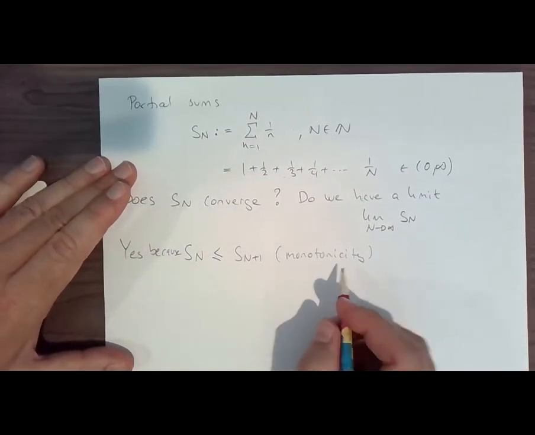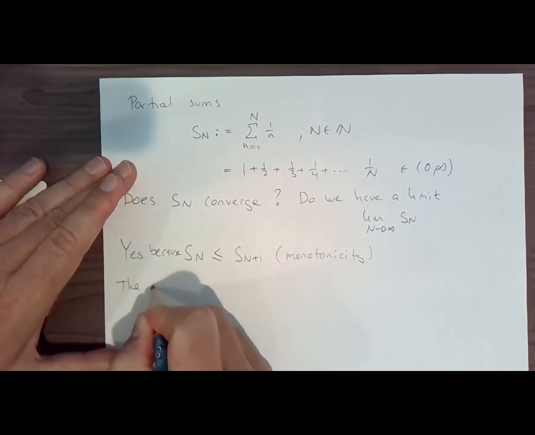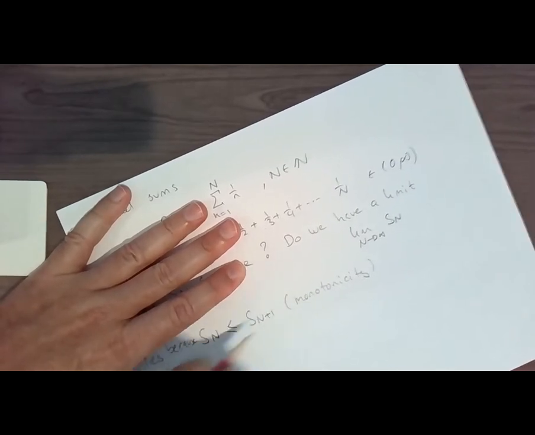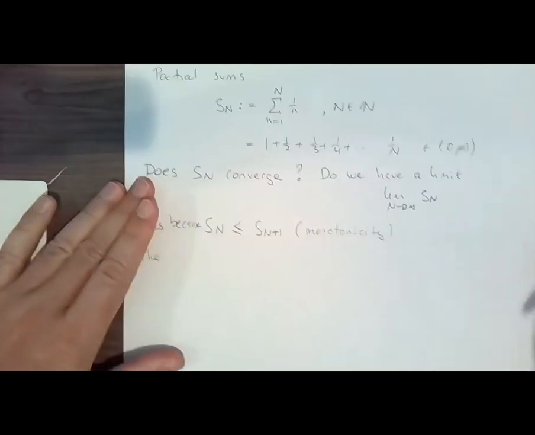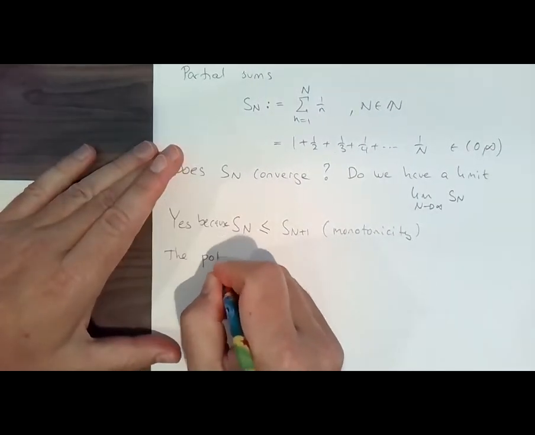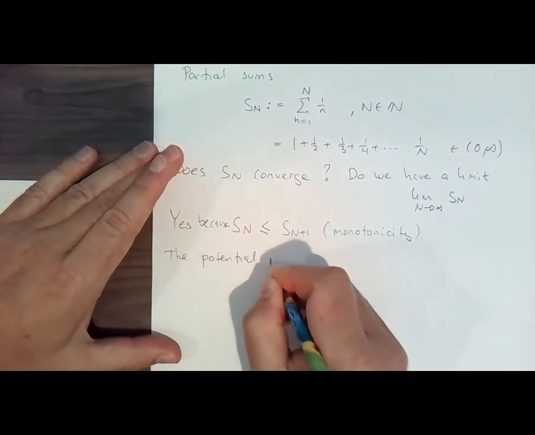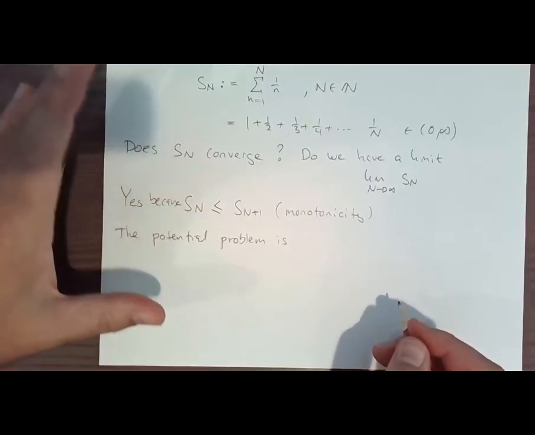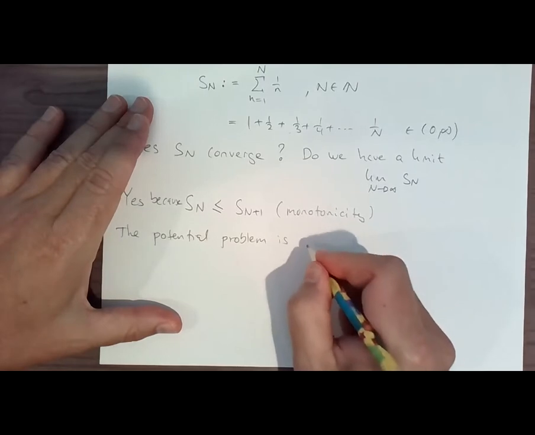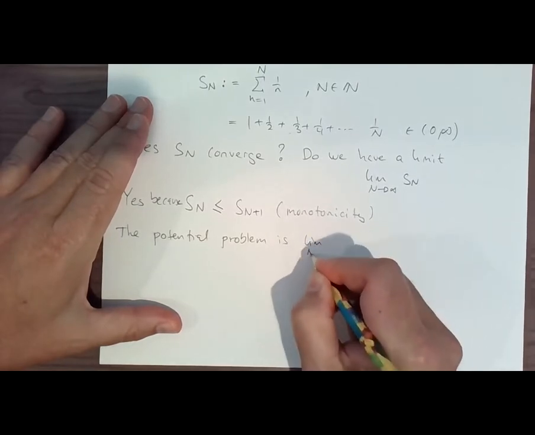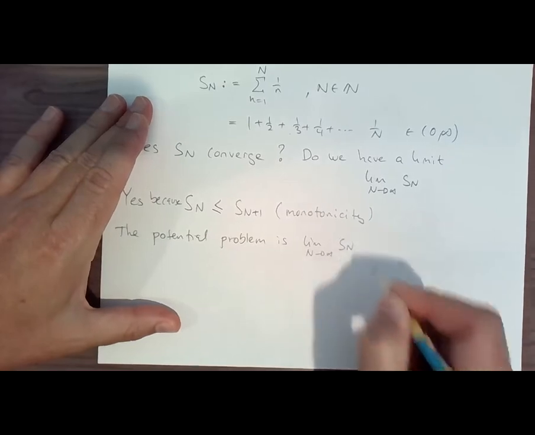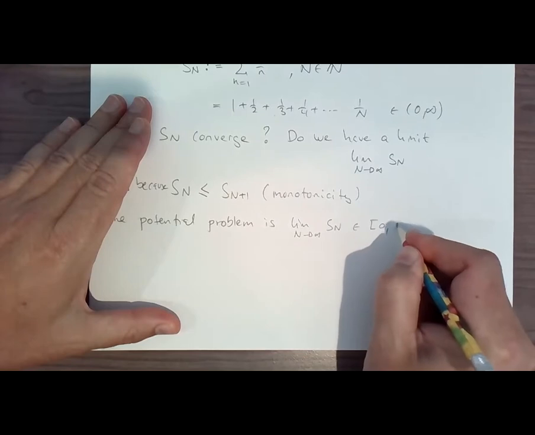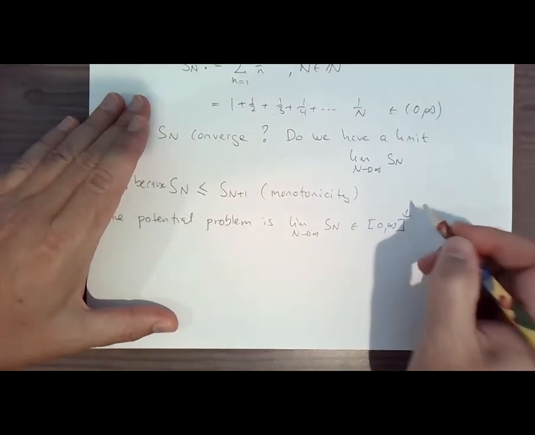The price we're paying here, or I should say the potential problem with these monotone sequences, is that they always have a limit, but the potential problem is that the limit as n goes to infinity of Sn might be plus infinity.